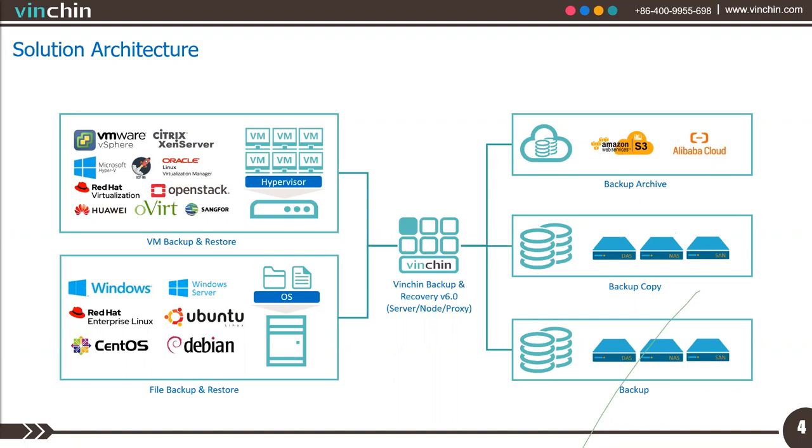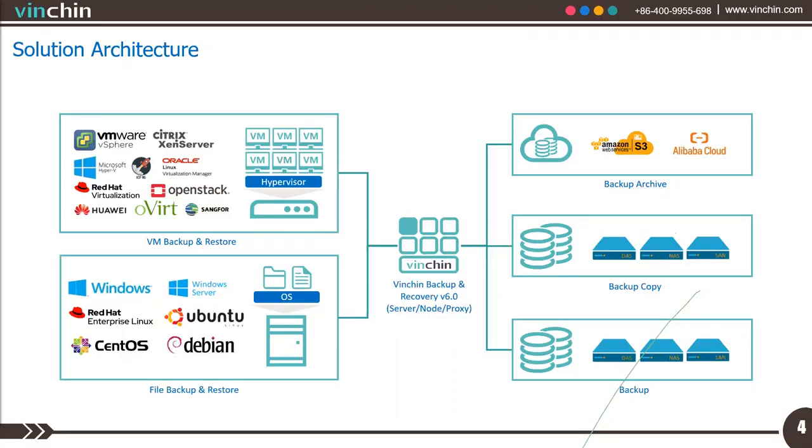And beneath that, we have added file level backup and recovery for both Windows and Linux physical servers. In the middle of this diagram, there are the Vinchin backup and recovery products, including backup server, backup node, and backup proxy. The backup proxy is new and is available in version 6.